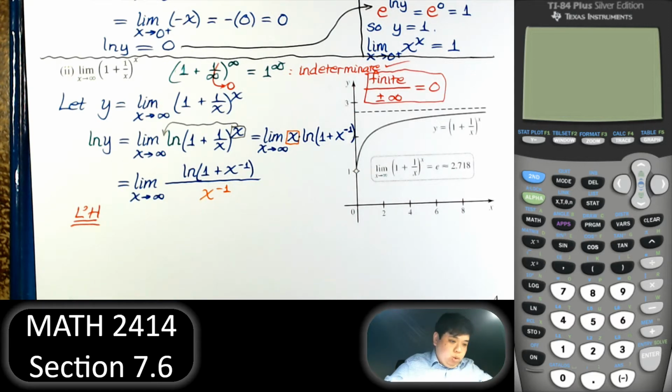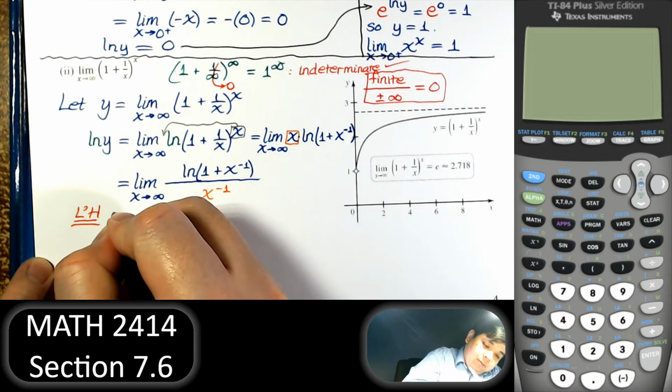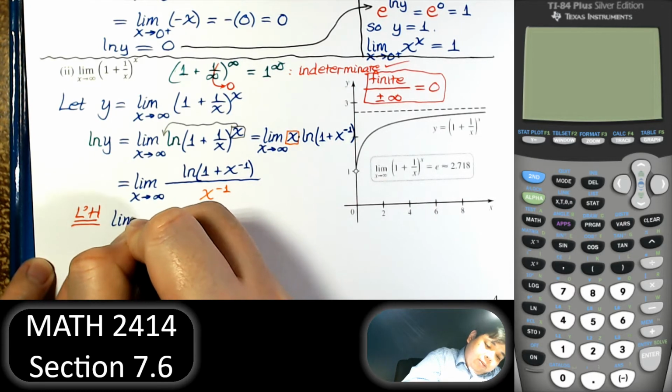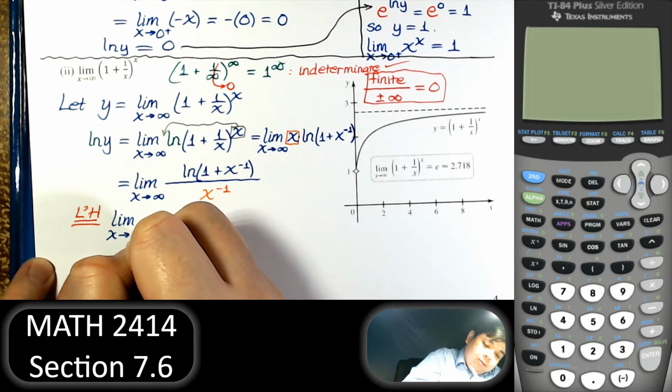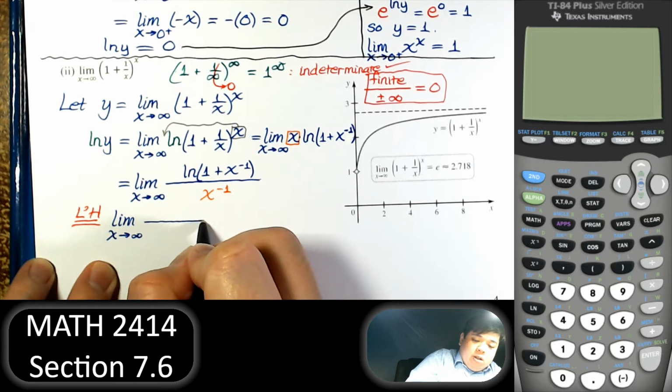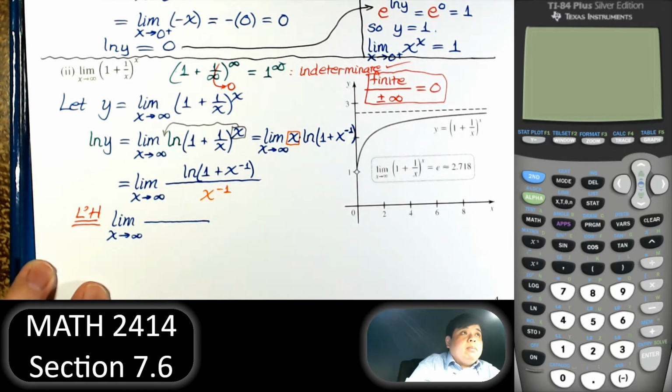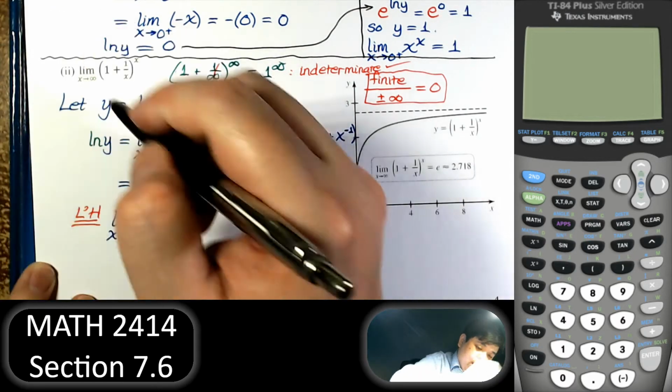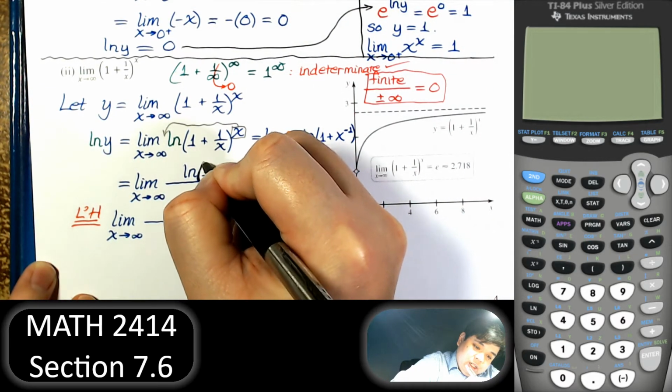So we can use the L'Hopital rule. Take the derivative of the top and the derivative of the bottom. For the top, we're going to use the chain rule here.